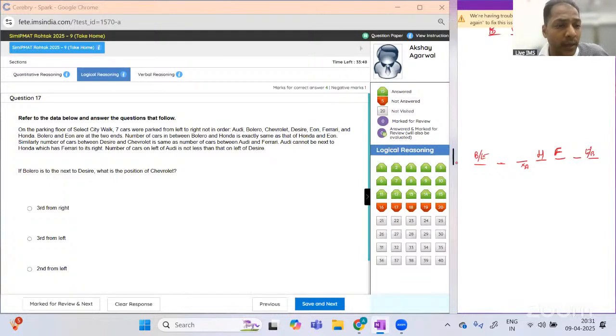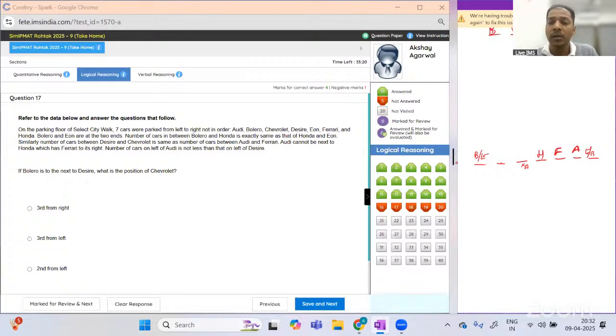The number of cars on the left of Audi is not less than that on the left of Desire. So clearly, if I keep Audi over here, that will not be a valid case. So therefore, Audi has to be over here.